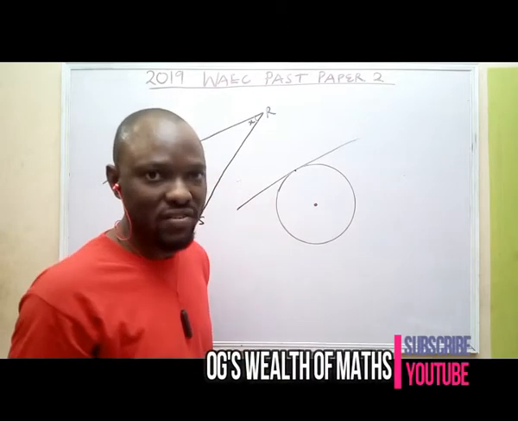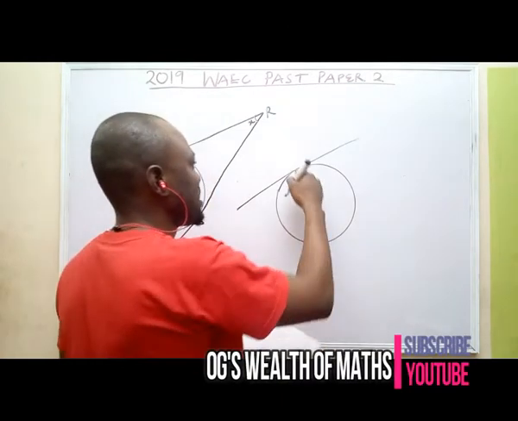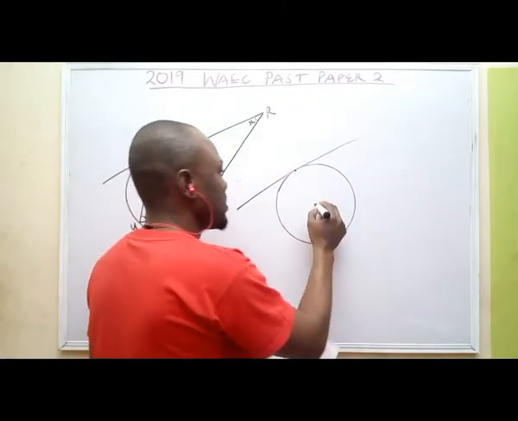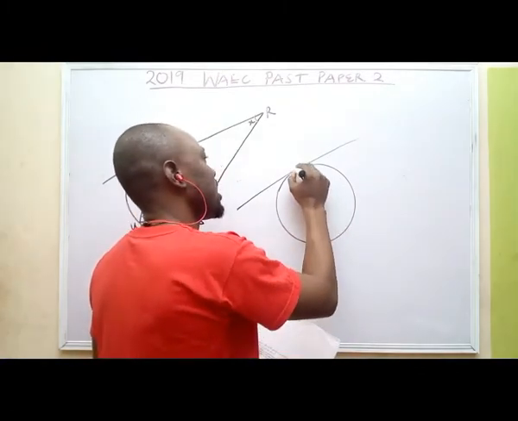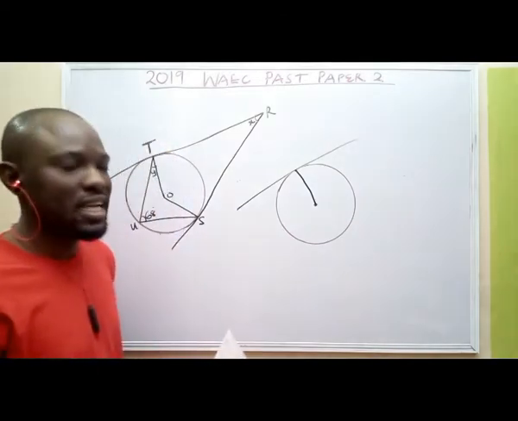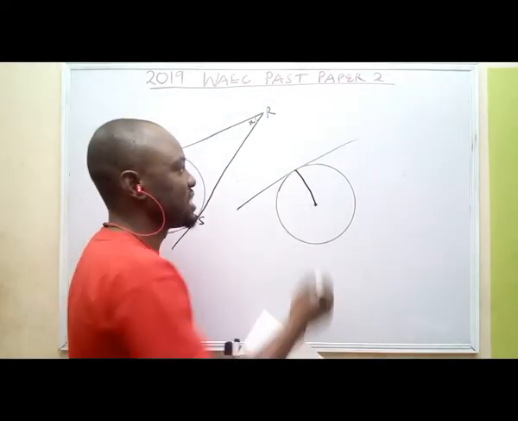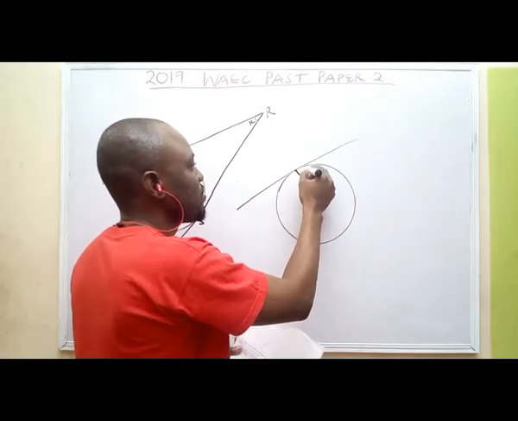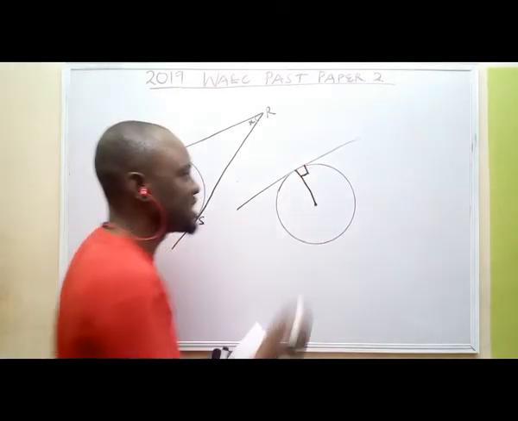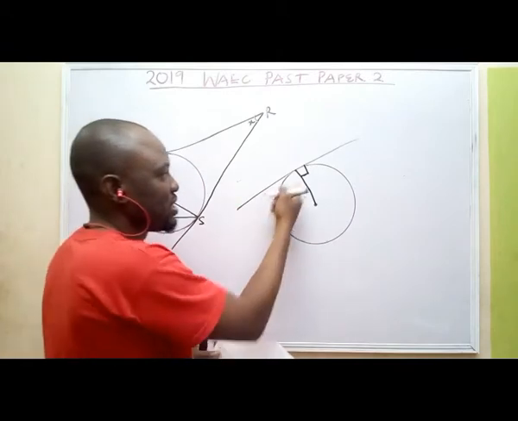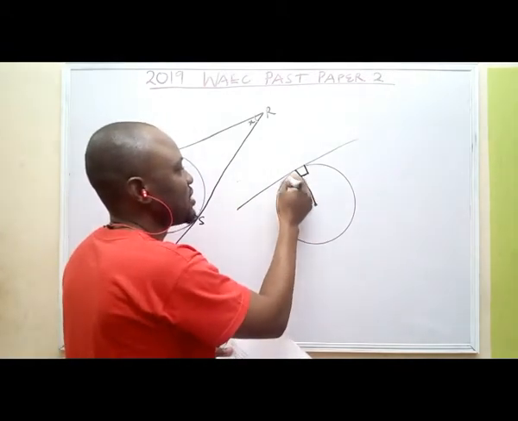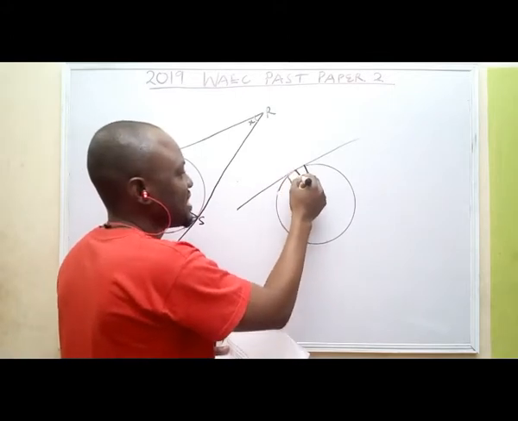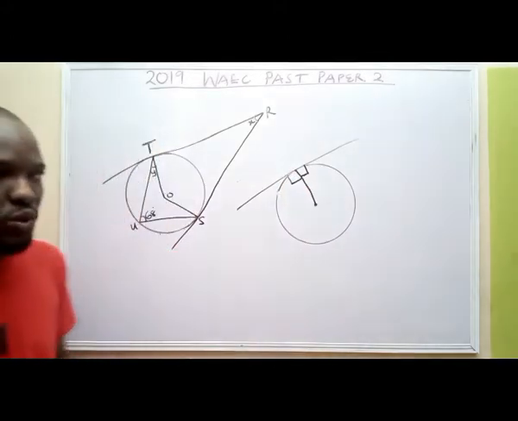This is the center of the circle, and the radius of the circle is perpendicular to the tangent. So the radius forms an angle of 90 degrees to the tangent. On the other side as well, the angle between the radius and the tangent is 90 degrees. You need to know that.